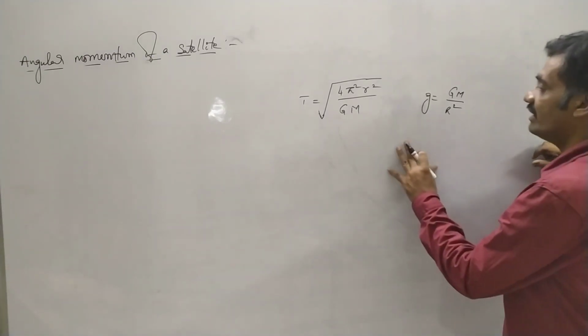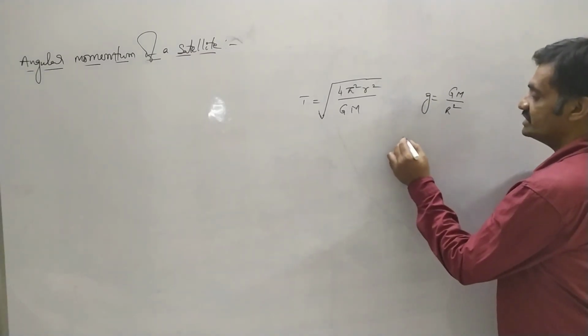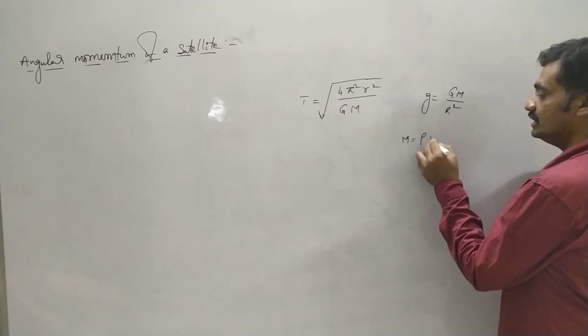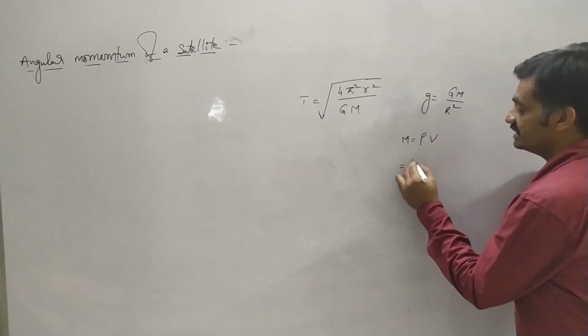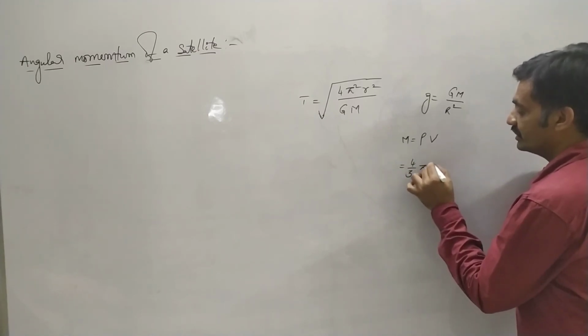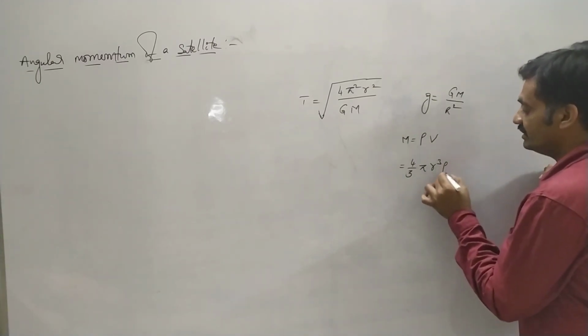We have to represent the expression in terms of density. So for that, we consider mass, where we know that mass equals density into volume of the planet, where volume of the planet is 4 by 3 pi R cube, into rho.